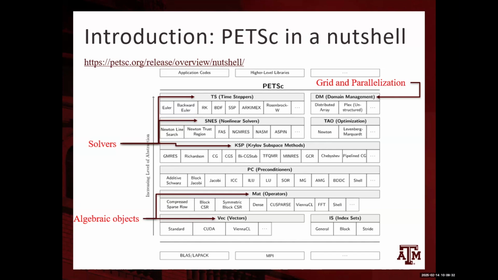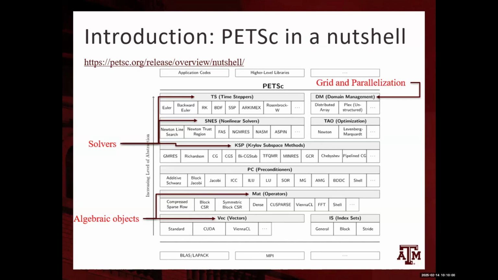And there are different objects, like Vec, to store parallel data structures as vectors. Mat is basically a matrix, and there are different types of matrix. Those are objects that let you store matrices in parallel without writing your own code from scratch.